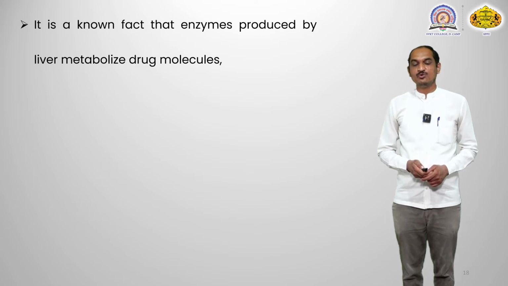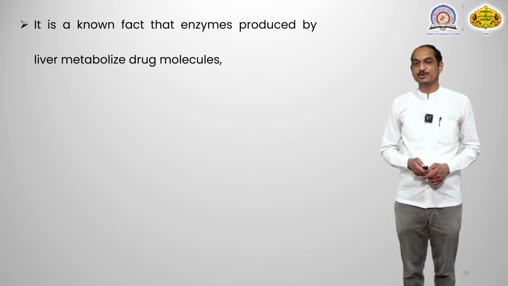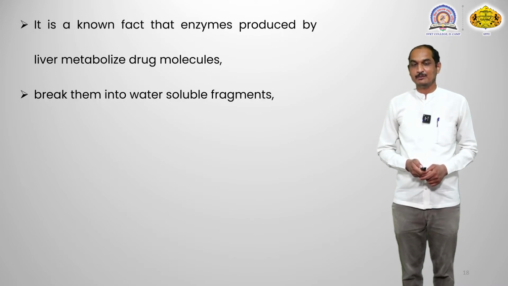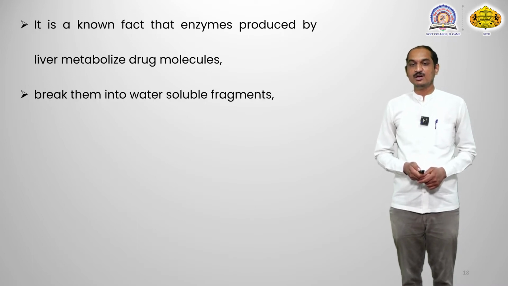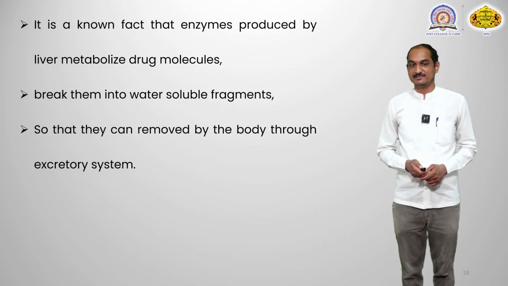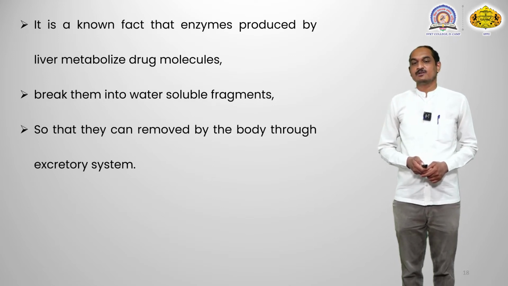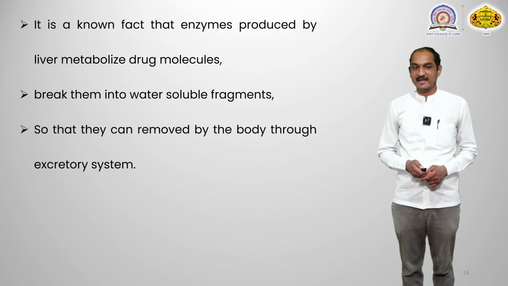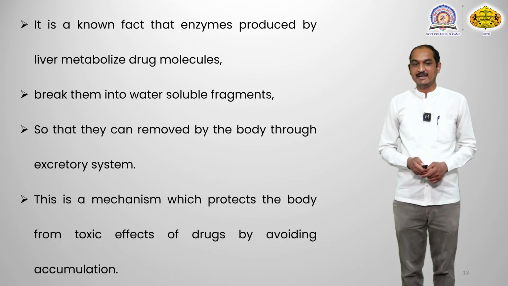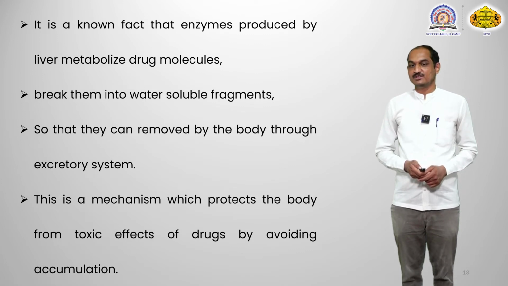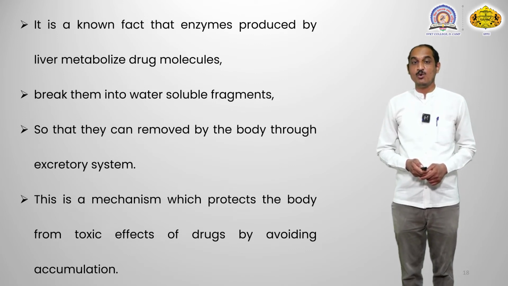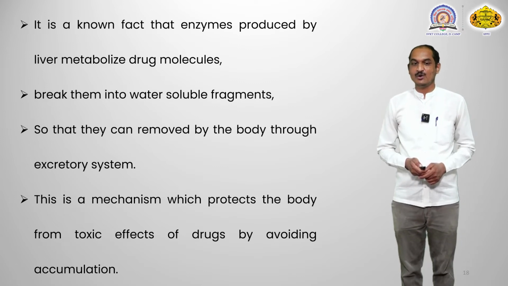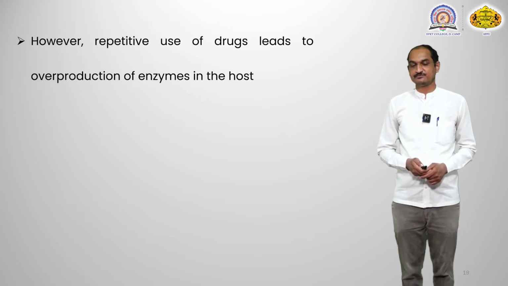It is a known fact that enzymes produced by the liver metabolize drug molecules and break them down into water soluble fragments so that they can be removed by the body through the excretory system, and this is a mechanism which protects the body from the toxic effects of drugs by avoiding accumulation.